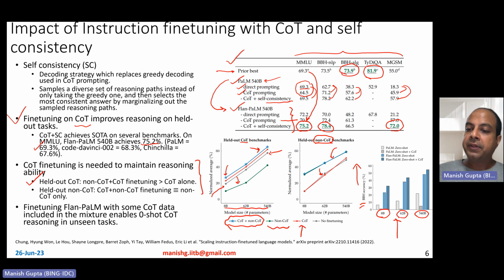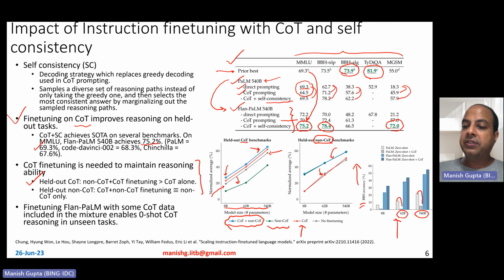And what you observe is that PaLM by itself, without instruction fine-tuning, in a zero-shot manner, gives you some results. Then if you do zero shot plus COT prompting at prompt time, so you don't do any few shot prompting, but you do COT prompting, you observe that the PaLM model loses out on accuracy. At all scales, of course, with the scale increase you get better results, but doing COT prompting without fine tuning leads to poor results.